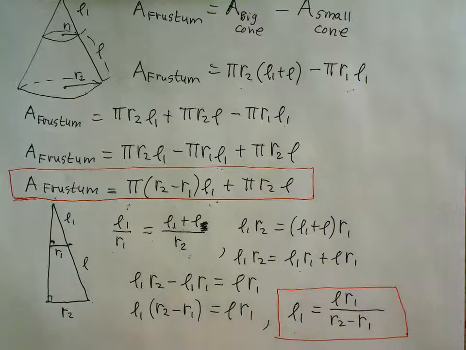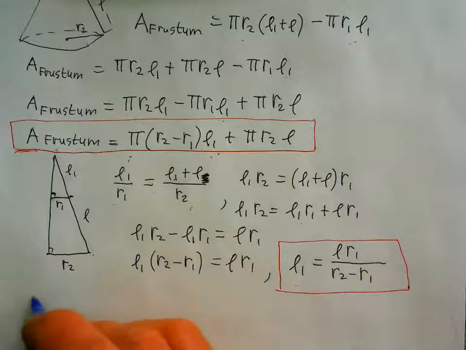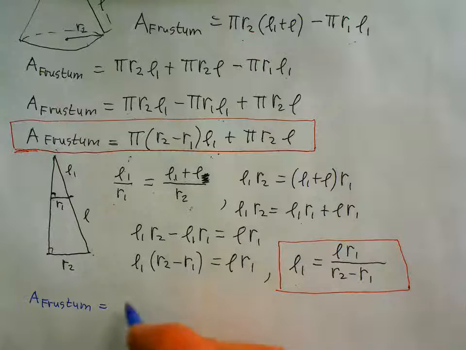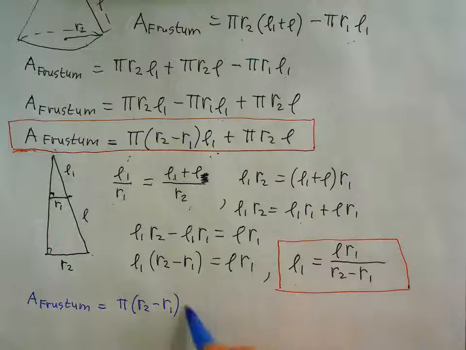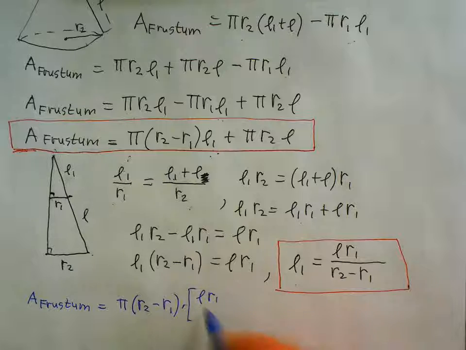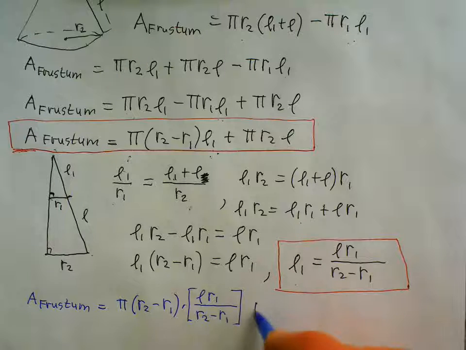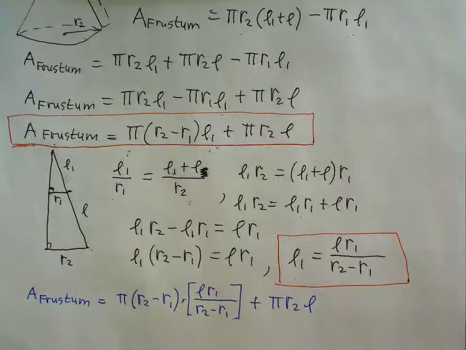So we can write the lateral surface area of the frustum as equal to pi times R sub 2 minus R sub 1, replace L sub 1 with L times R sub 1 over R sub 2 minus R sub 1, and then plus pi times R sub 2 times L. So we get a nice cancellation.